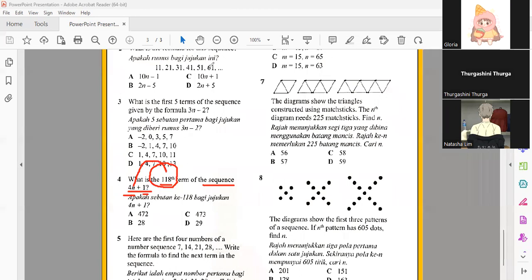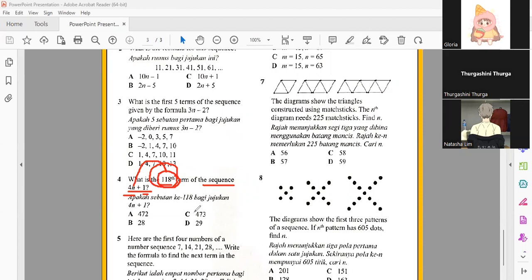Can you tell me what's the answer in the chat? The 118th term would be 118 times 4 plus 1. What would that be?